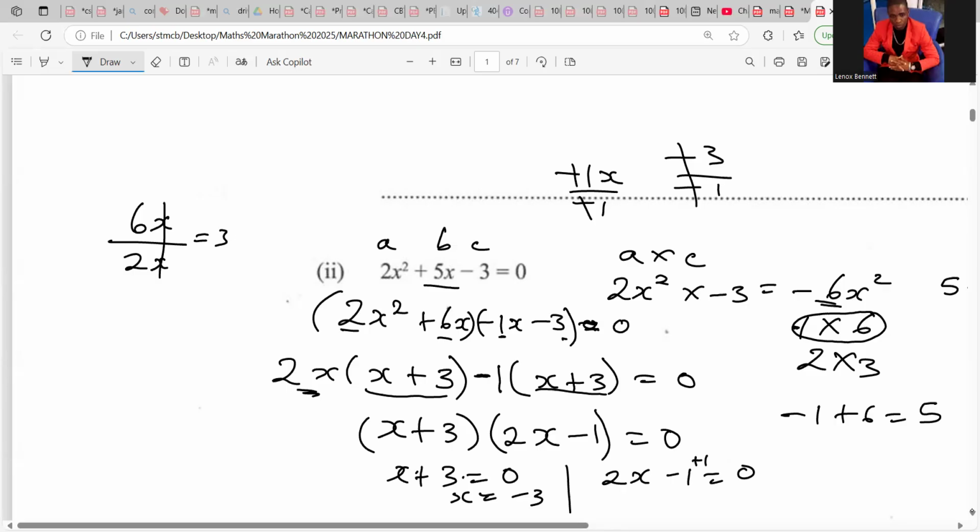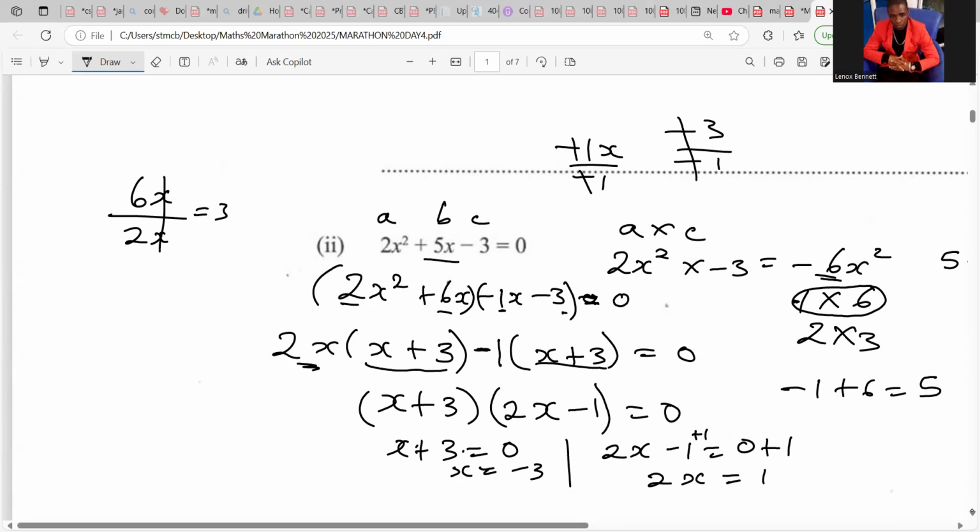The opposite is plus 1. We do it to one side and to the other side. Of course, we're going to divide by 2. x is equal to a half or 0.5. Both of those answers are accepted, so x is also equal to 1/2.